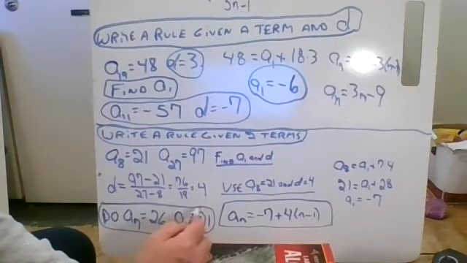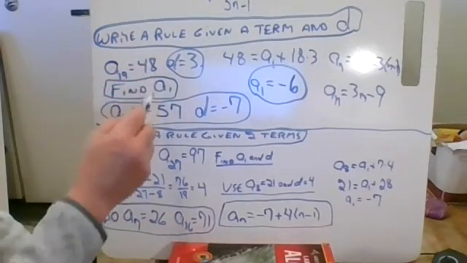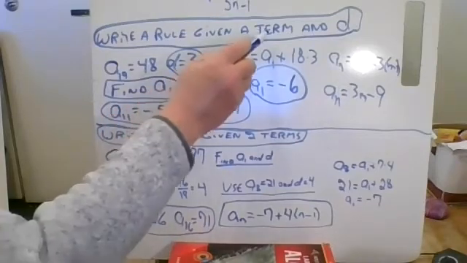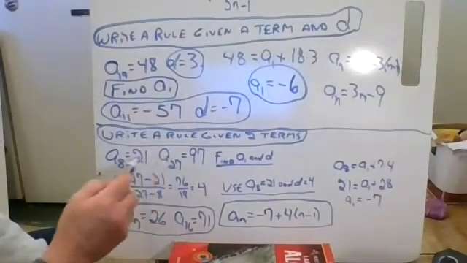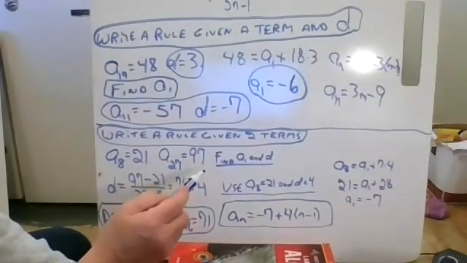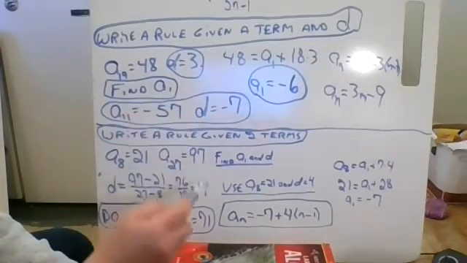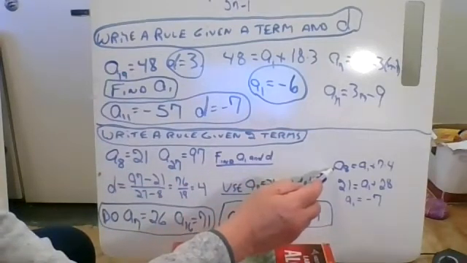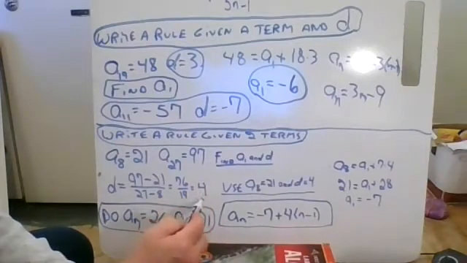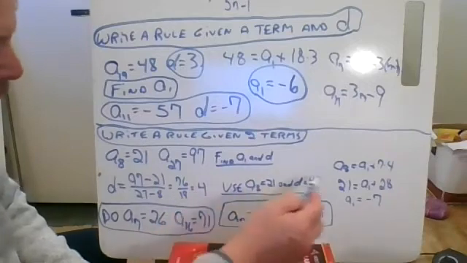And now let's think about it. We have d now, and we have two terms, and up here all we needed was one term and d. So take one of these terms and take your d and do what you did up here. So I'm going to take a sub 8 is 21, and I'm going to use d equals 4, and we're going to be able to find our a sub 1.